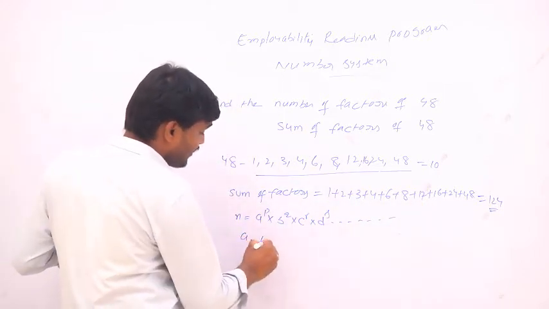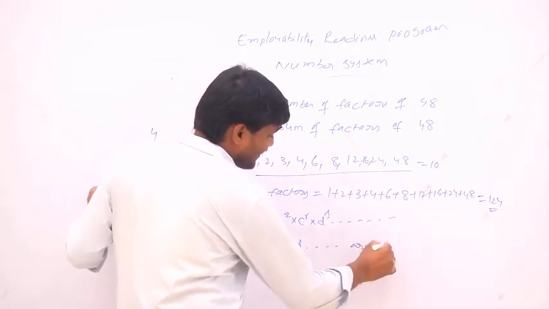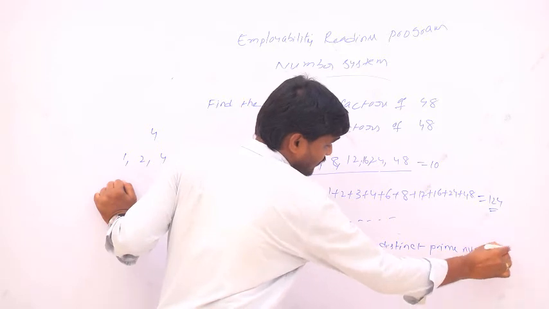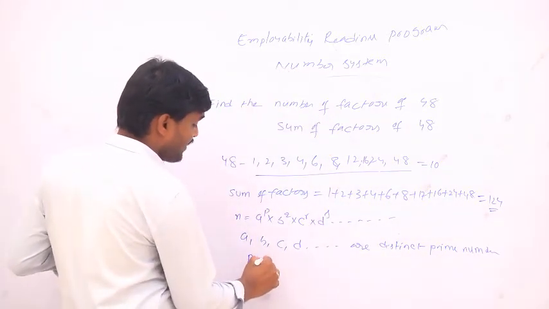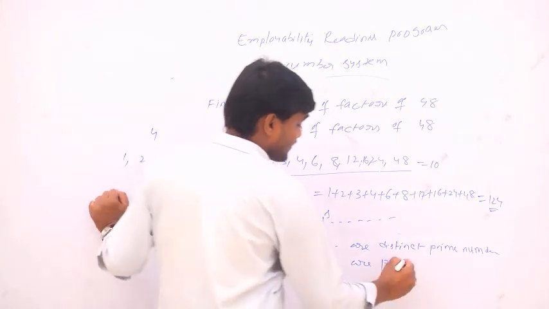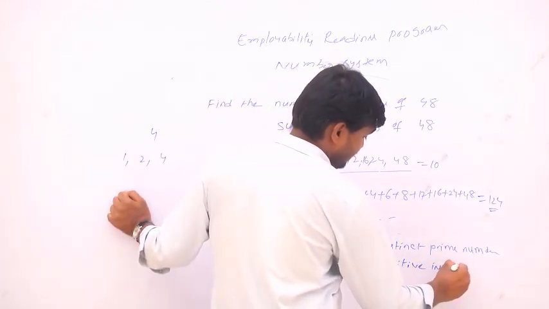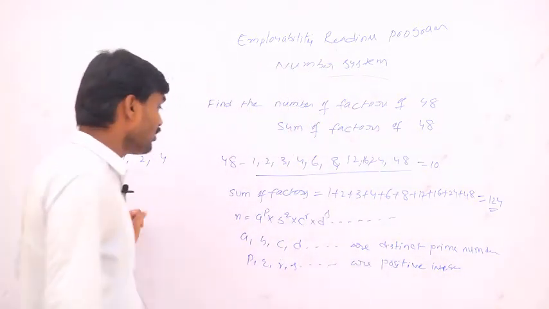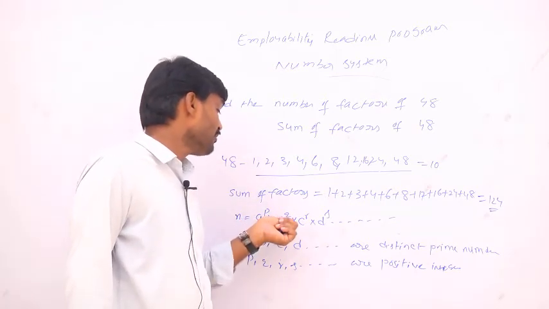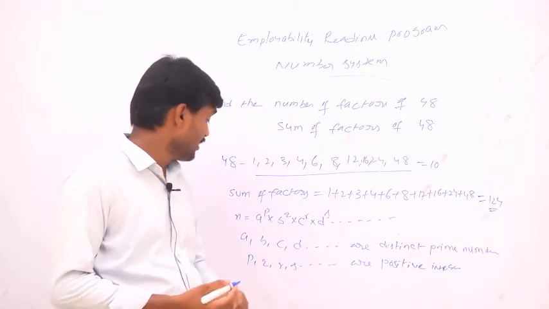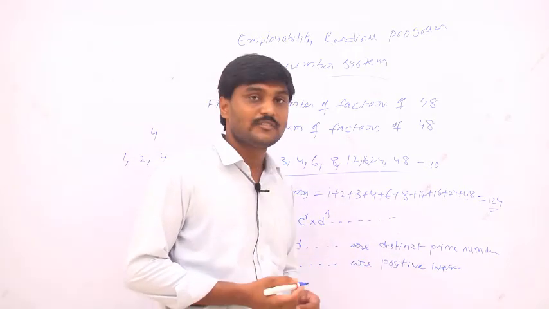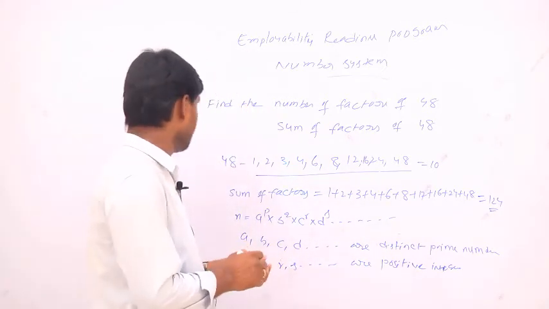Here a, b, c, d and so on are distinct prime numbers, and p, q, r, s and so on are positive integers.